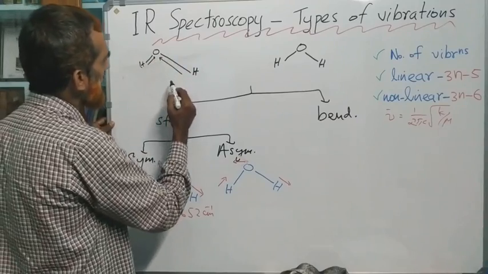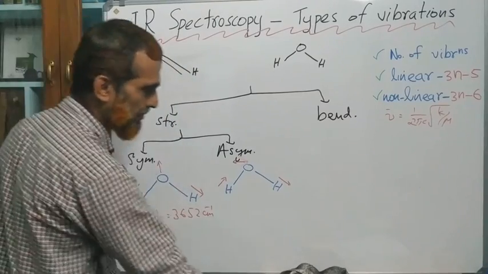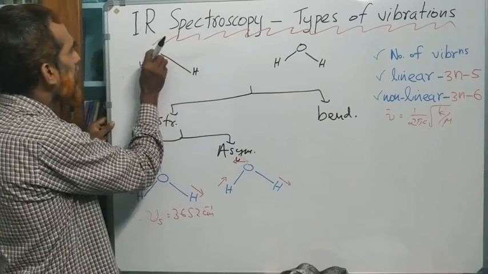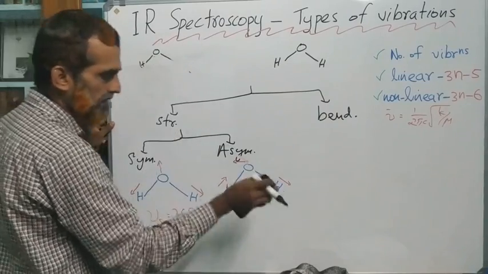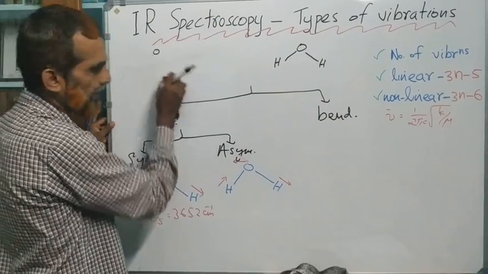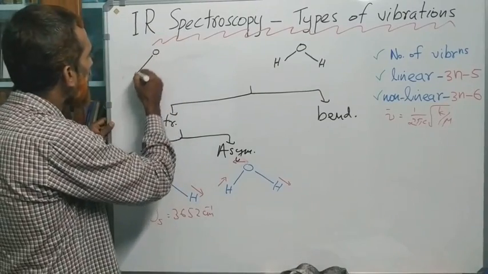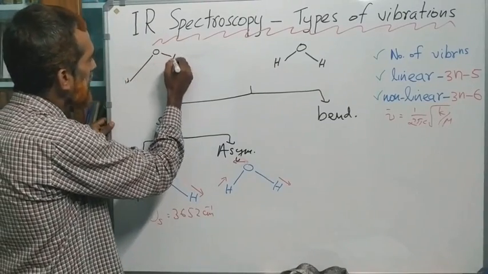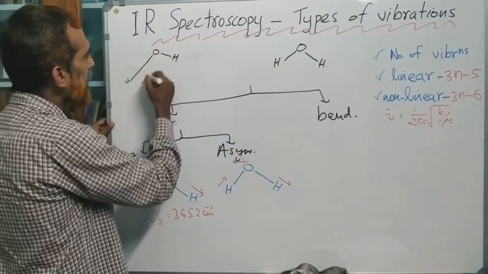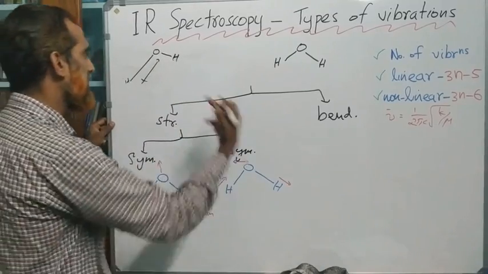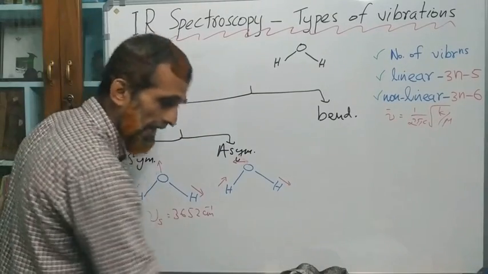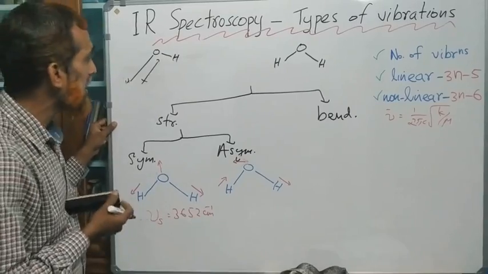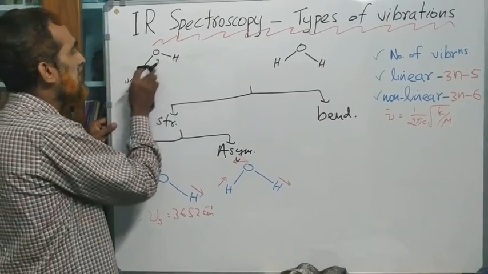So there will be a resultant somewhere in this direction. And then it comes to the mean position, and in the next step what happens? This bond gets elongated and this bond gets contracted. Definitely the resultant will now be in this direction. So it is fluctuating. That's when the direction is changing. This is a vector quantity. When the direction is changing, that is enough.